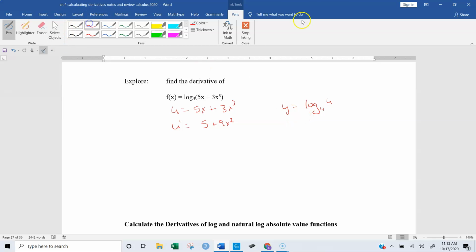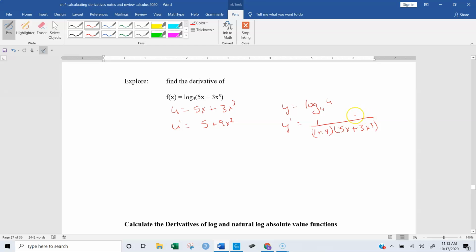Here we go. So the derivative of y is equal to 1 over the natural log of the base, ln of 4, times the u. And the u we know is 5x plus 3x cubed. All right, so that's what we got for our derivatives.